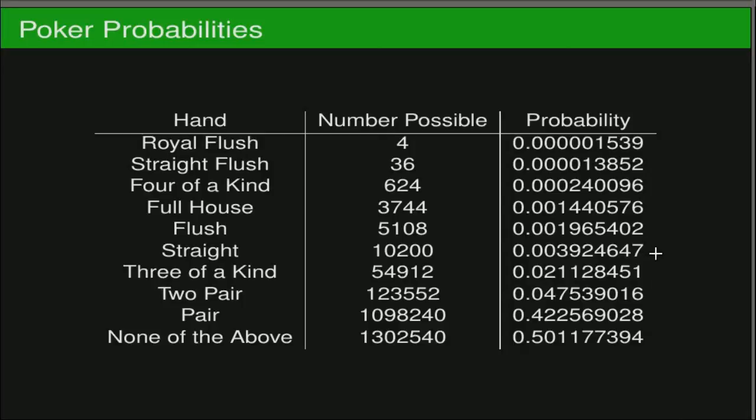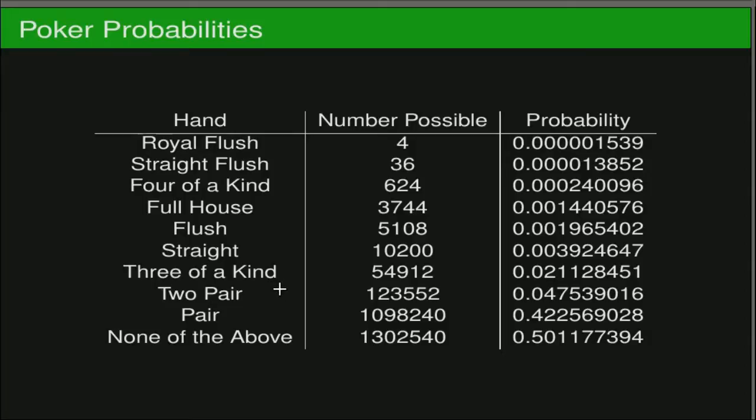A straight, in which all of the cards have increasing numerical value, so you get 2, 3, 4, 5, 6, something like that. But for just a straight, which is not a straight flush, the individual cards in the sequence could be different suit values.